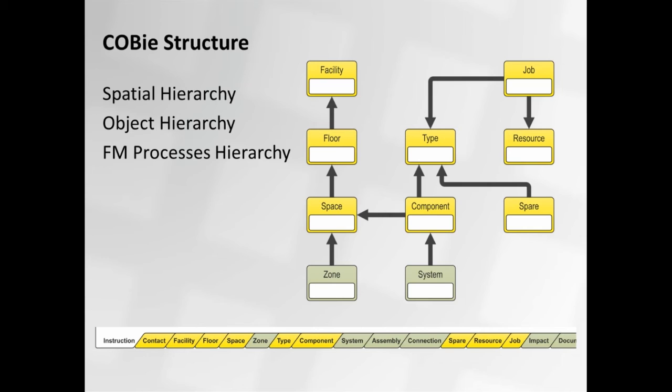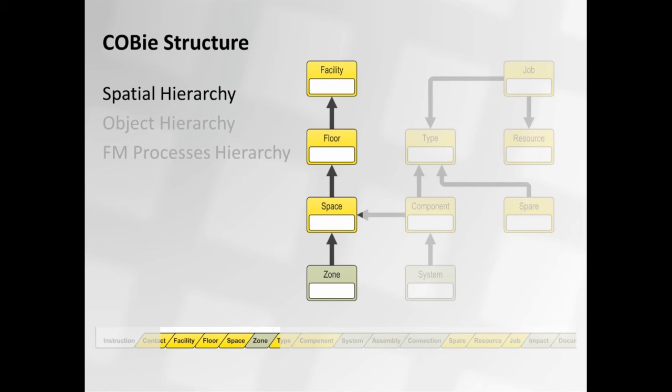So on top of this core information on the building, you have more information about contacts and people and attributes and other extra data that you can attach to this. In terms of structure, you see that there is a spatial hierarchy, so facility, floor, space, zone. These are all information associated with the topology of your building and with the nature of the spaces that you have.